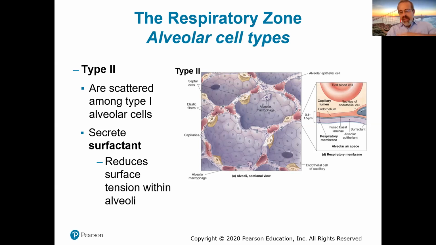This creates kind of like a sheet that can essentially prevent the alveoli from inflating when air comes in. We don't want that. The surfactant breaks up the hydrogen bonds, which allows the alveoli to inflate and then to deflate, kind of back and forth, which is what we want.